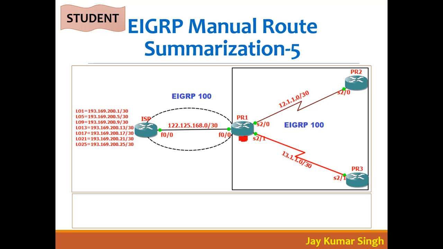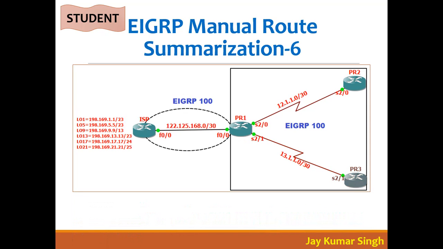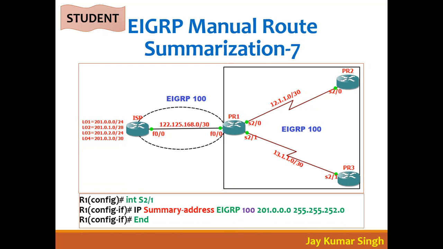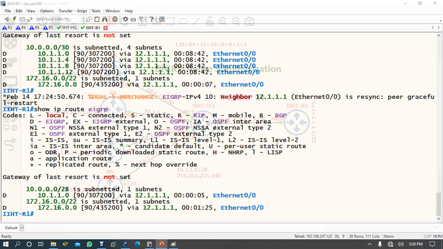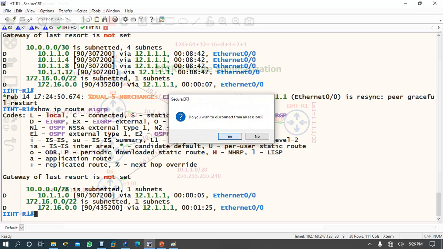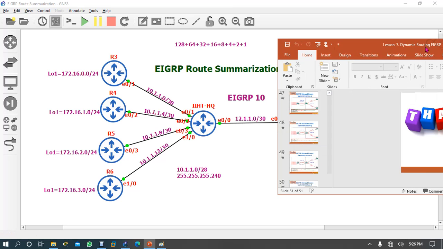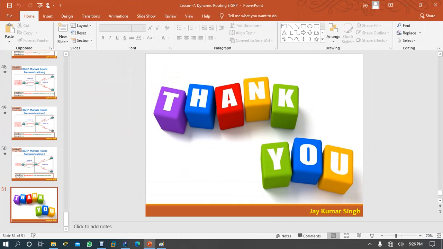You are receiving all these routes from the ISP on this edge router, and from the edge router you have to configure it. Route summarization lab 6, and 7. So in total there are 7 labs, but I have completed one, so you have to complete 6 route summarization labs. Once we are done with this, you will see we are done with EIGRP.